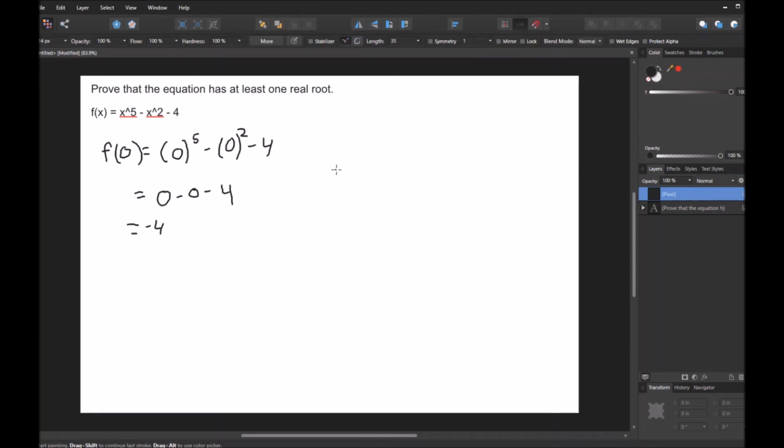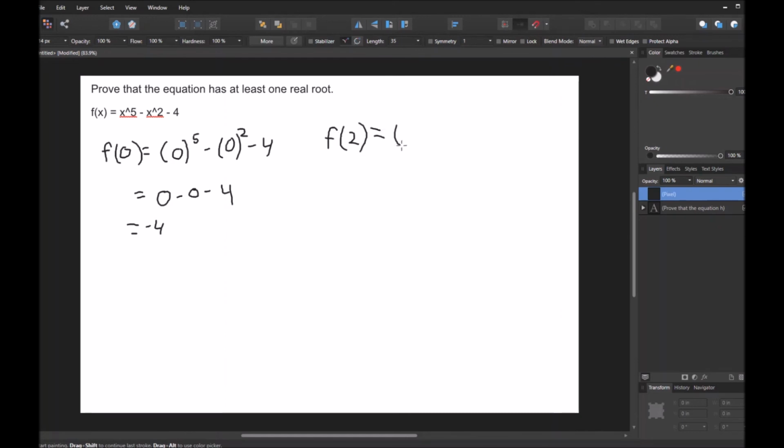Now if I were to plug in something like 1, for example, I would still get a negative number, because I'd have 1 to the 5th, which is 1, minus 1 squared, which is 1, and 1 minus 1 would be 0, and I'd still have negative 4. So I'm going to plug in 2 instead of 1.